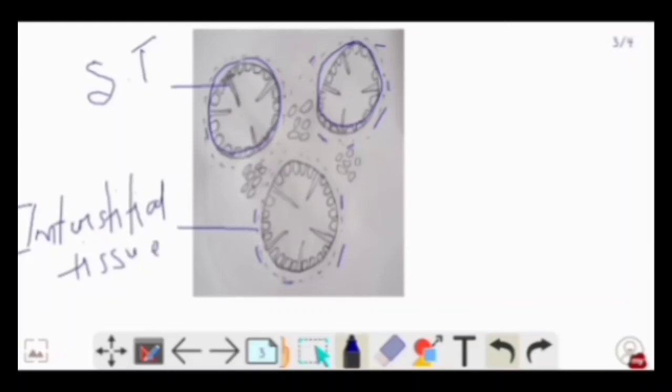This is the connective tissue in which the seminiferous tubules are present.